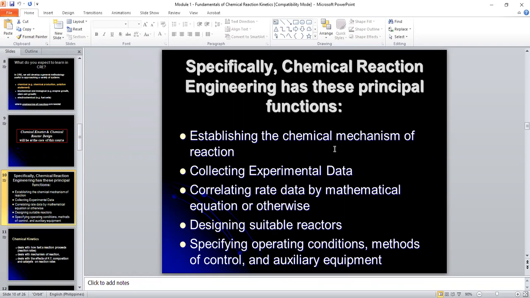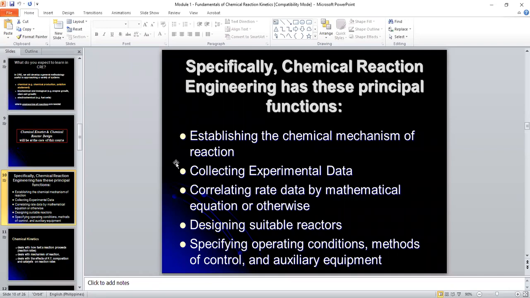If it's just a single species, then it will just decompose. Okay, so we continue to need chemical reaction engineering in any field because of this collection of experimental data. Even in other bodies of knowledge, it's not only chemical reaction engineering that does this.